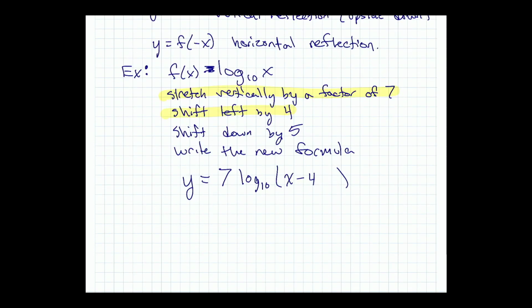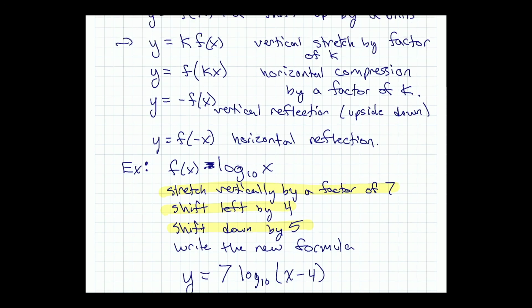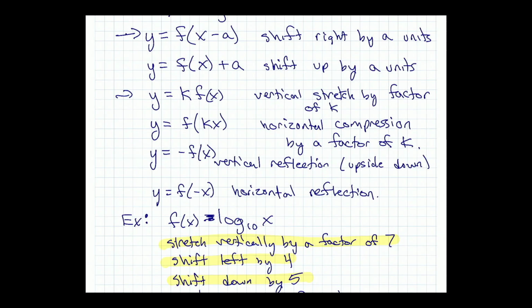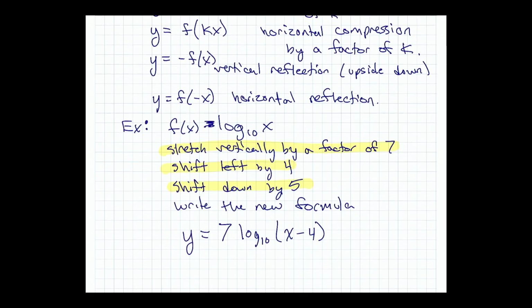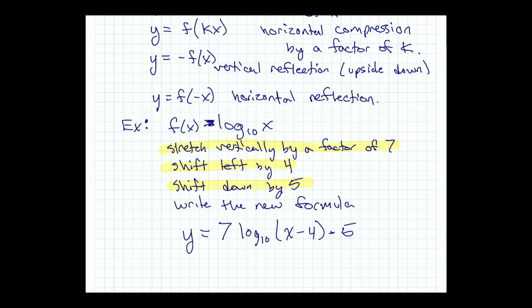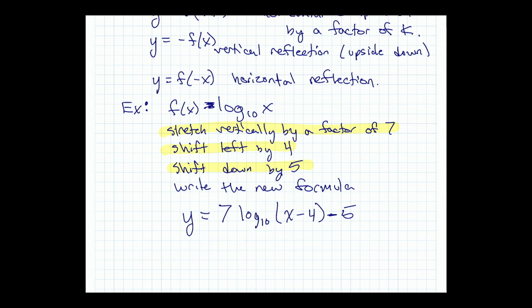That's how we're going to shift it left by 4. Then they say down by 5. How are we going to do that? A plus a moves it up by a, minus a would move it down by a. So we need to move it down 5, so that's a minus 5 on the outside of the function. And there you go. That is all of those.